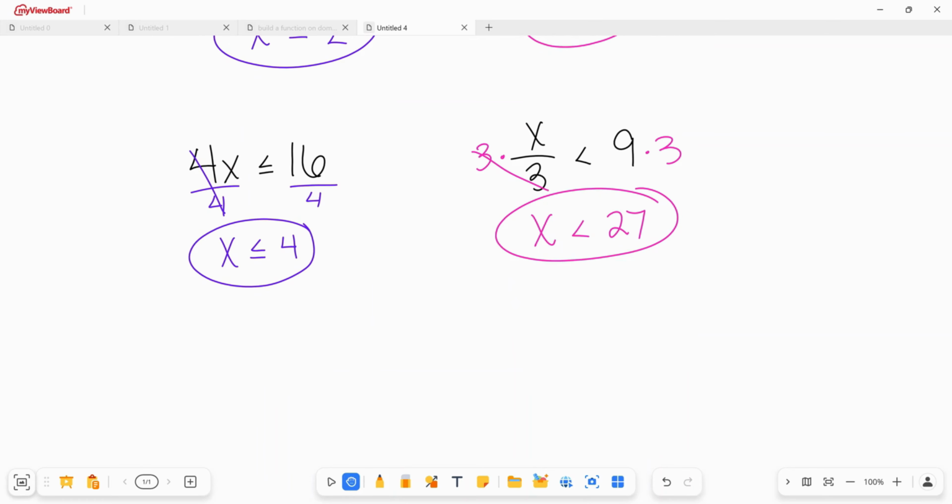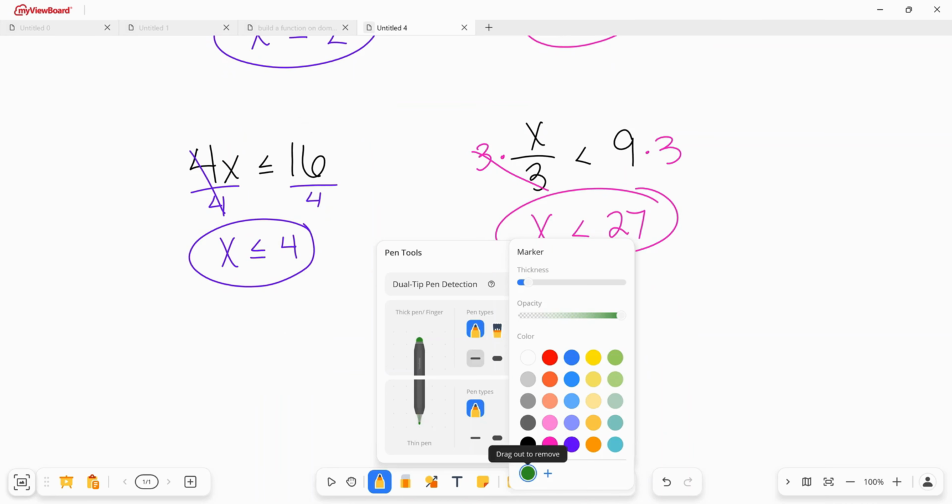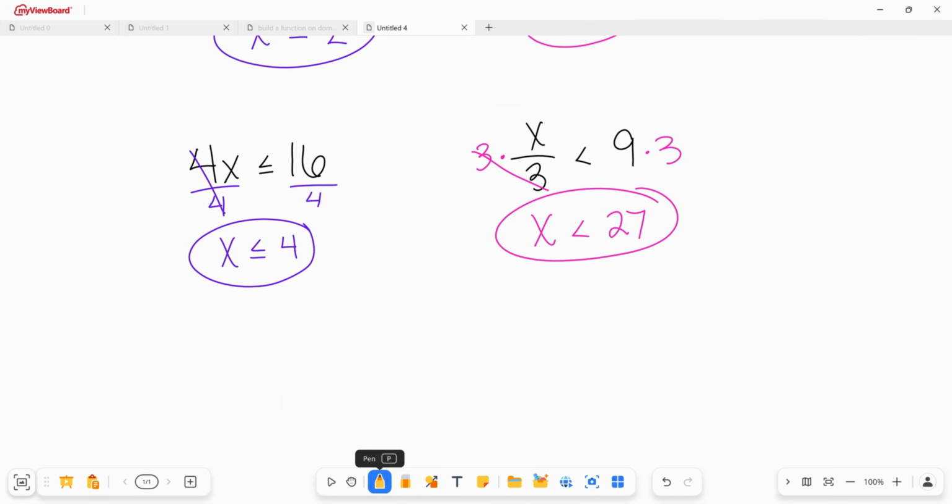Now another variation of that, let me change the color to green. So if I had those flipped, because that's what I was going to do first, and I was like, maybe I shouldn't. Notice how the letter is on the bottom. I cannot just multiply both sides by 3 because I'm currently not dividing by 3. I'm dividing by x.